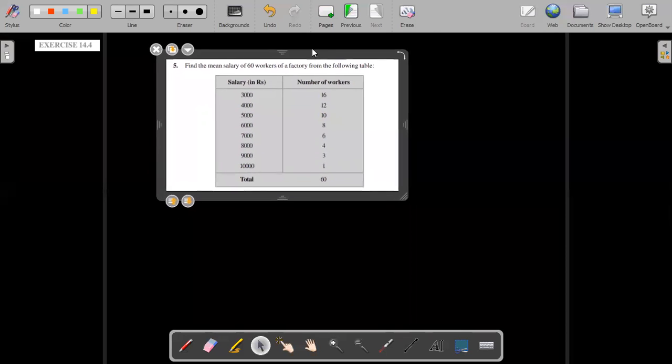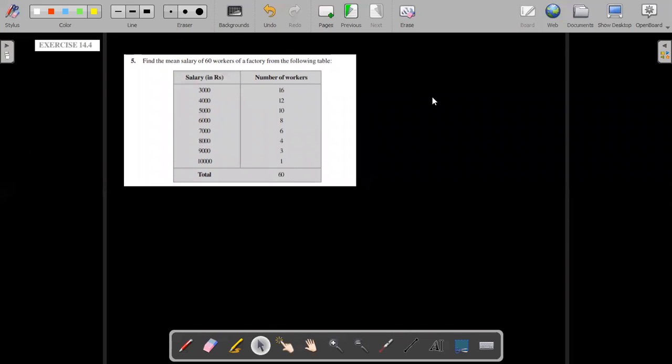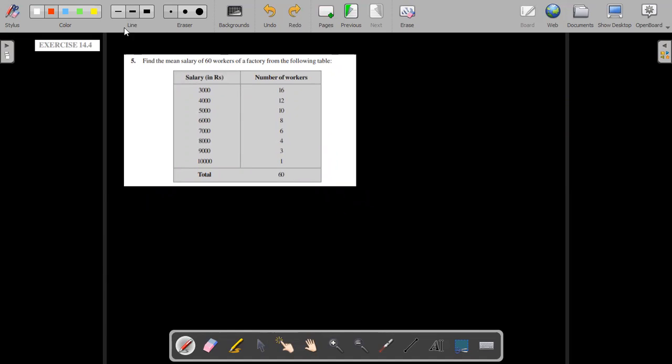The formula is sigma xi fi. We have to make these two columns as they are. This is the salary. You write here xi; this first column you have to make for solving.